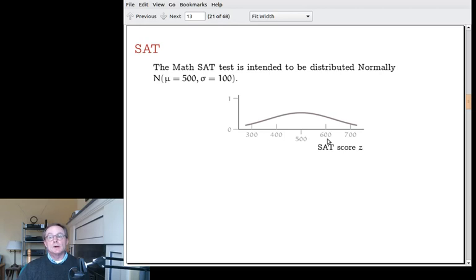Their z-score is 1.00. If you get a 700 on the math SAT, you are 2 standard deviation units above the mean, and you are starting to get into the unusually high zone. So only about 2.5% of people get that high. If you're at 750, 780, 790, or 800, 800 is 3 standard deviation units above the mean.